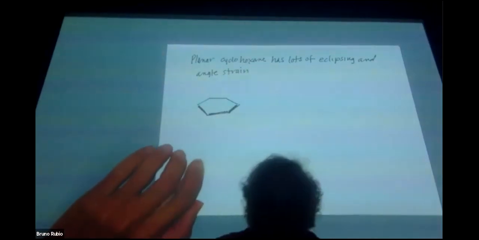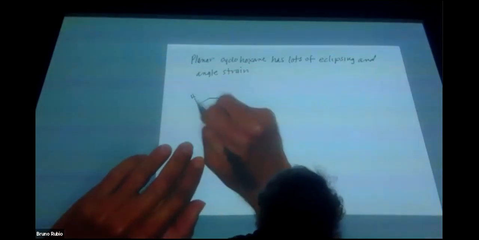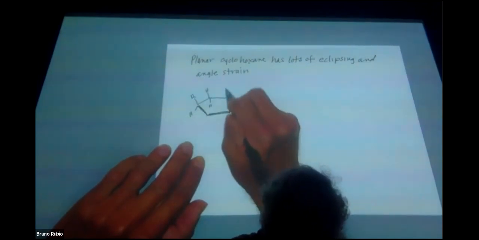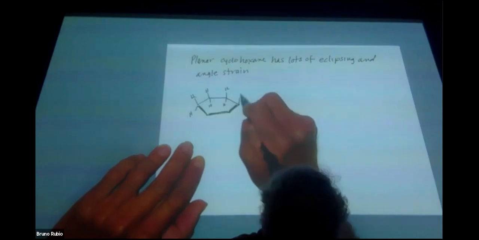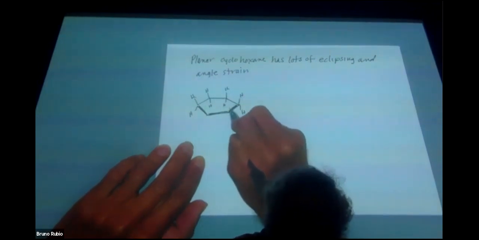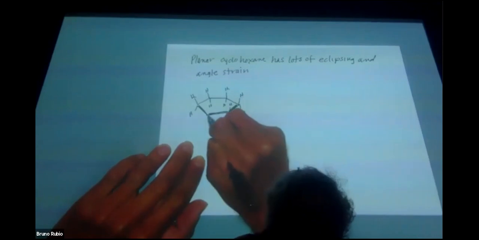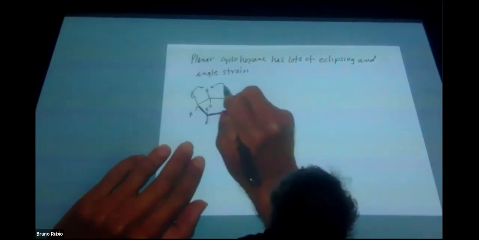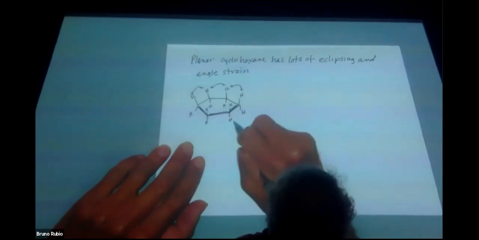And now decorate with all of the hydrogens, and we have hydrogens there, hydrogens there, hydrogens everywhere. What we see is that's an eclipse, that's an eclipse, that's an eclipse.